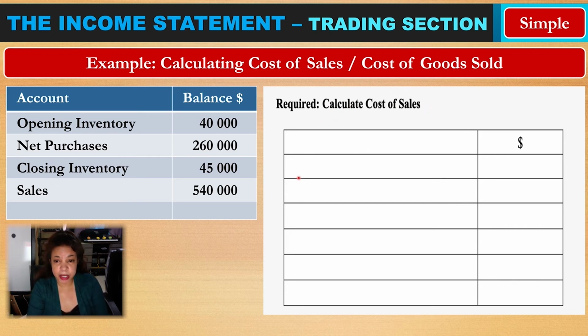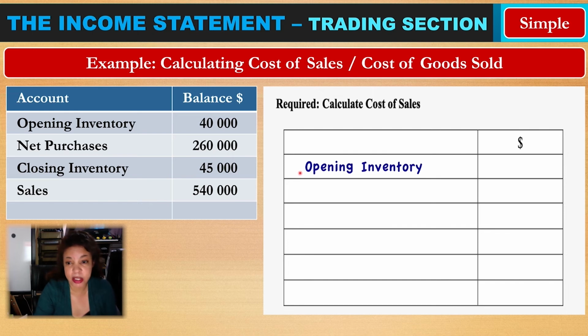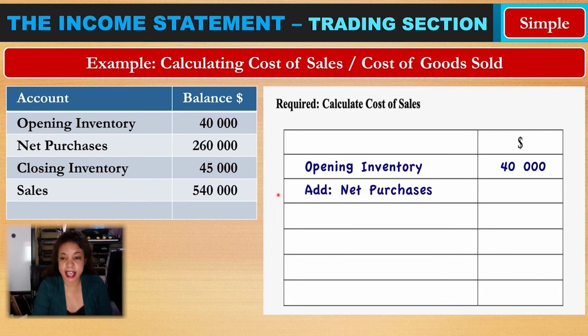So we will just put opening inventory. You could have put the heading there, cost of sales, but what do you start with? Opening inventory. Look for your opening inventory, $40,000. What comes after that? Remember, add your purchases. So add net purchases, 260,000.